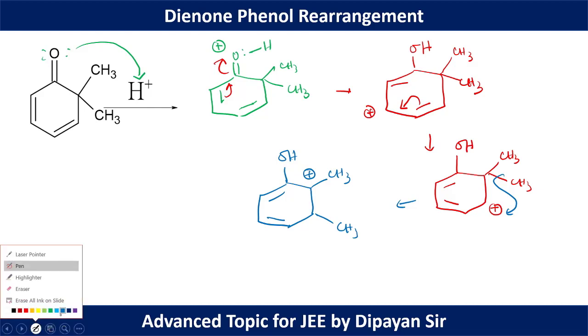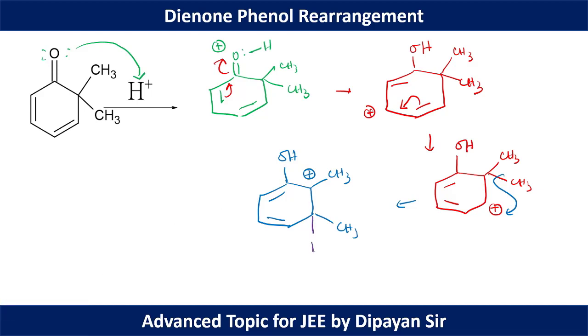We have one hydrogen in this position. After dissociation of this CH bond, we can have aromatic stabilization in the molecule, and this is going to be our final product.